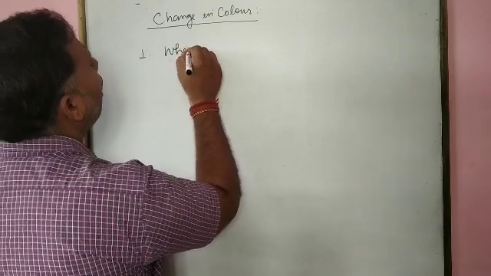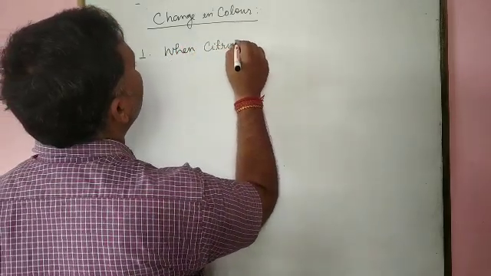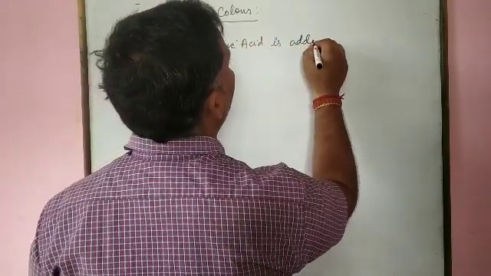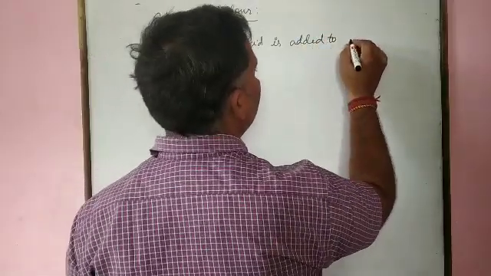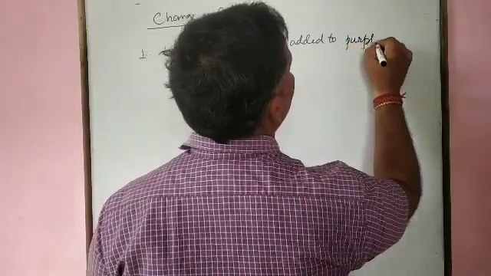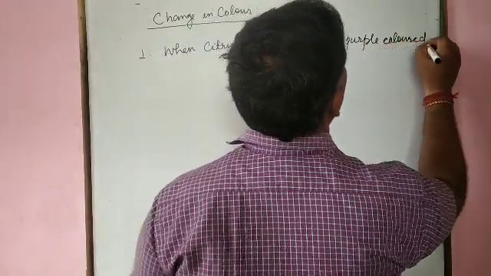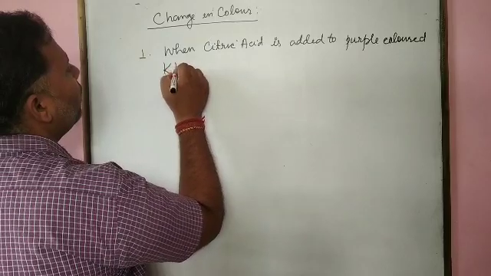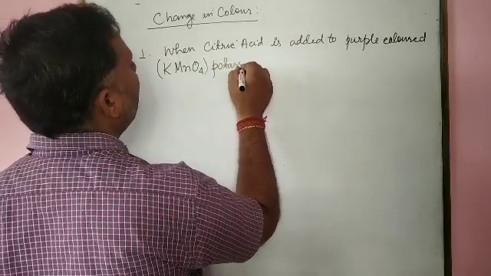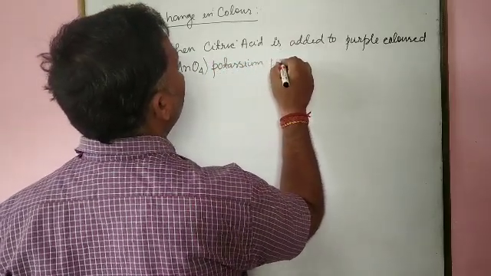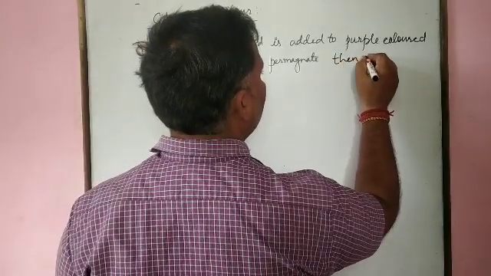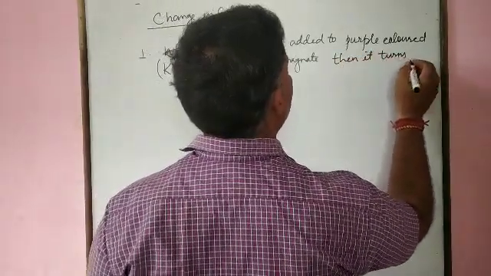When citric acid, which we get from lemon juice, is added to purple colored potassium permanganate, then it turns colorless.